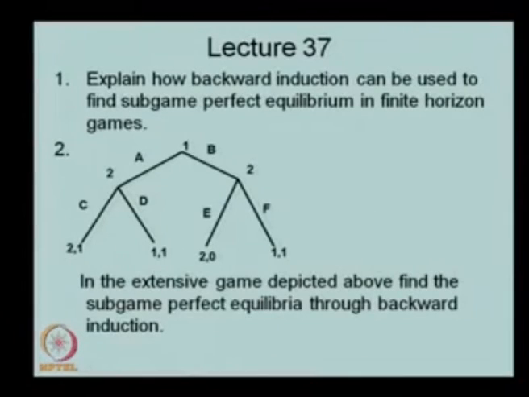Explain how backward induction can be used to find subgame perfect equilibrium in finite horizon games. So, backward induction. If we have a finite horizon game, then only we can use backward induction. Now, in a finite horizon game, the length of the longest terminal history is finite.